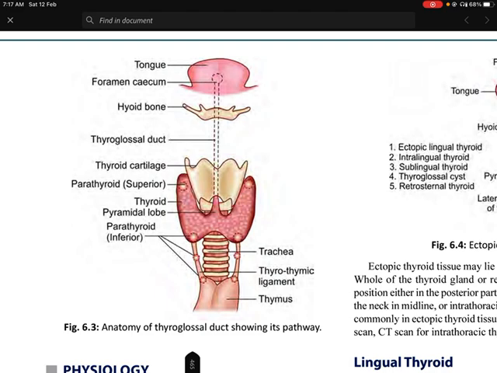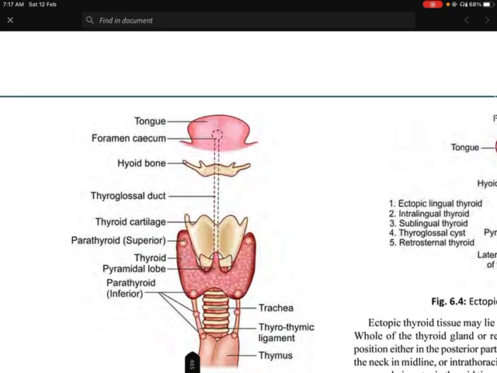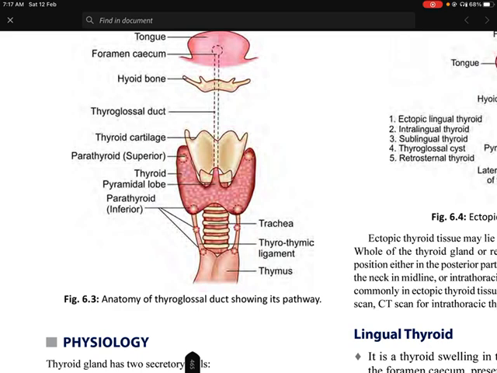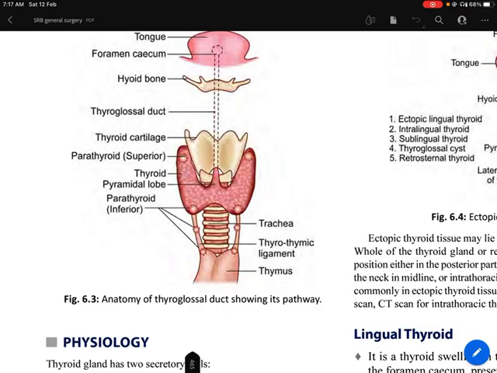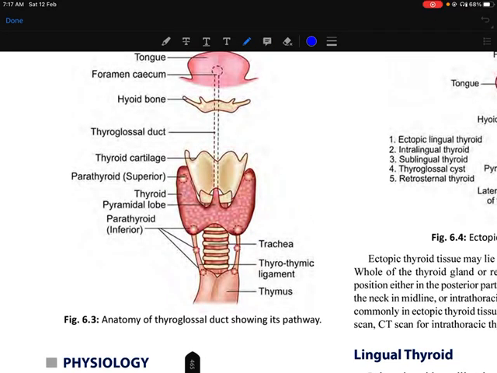This is the duct, the whole duct. This is the cartilage and parathyroid, and the thyroid and pyramidal lobe are there.